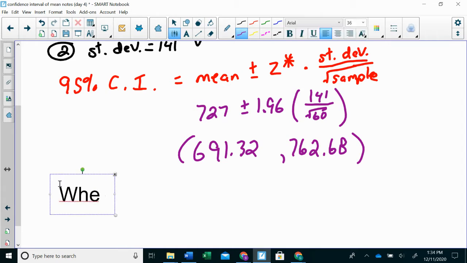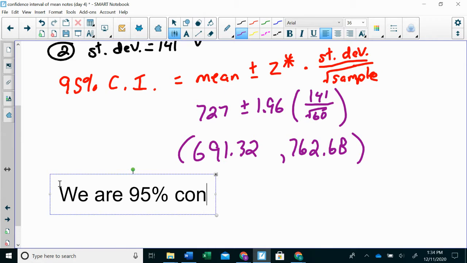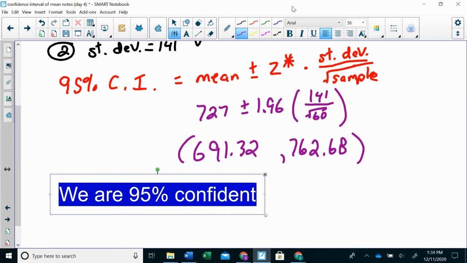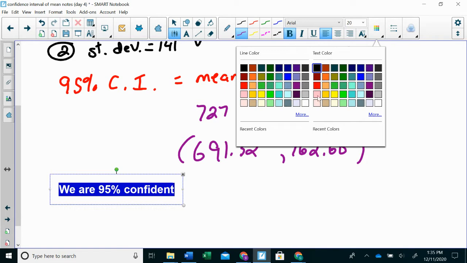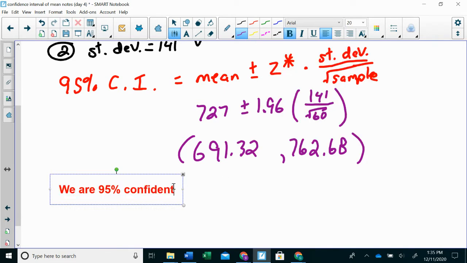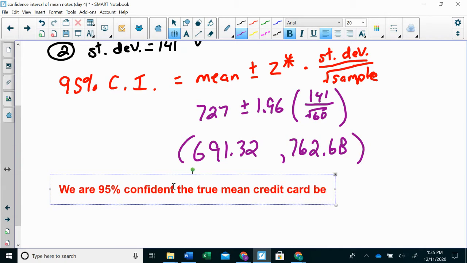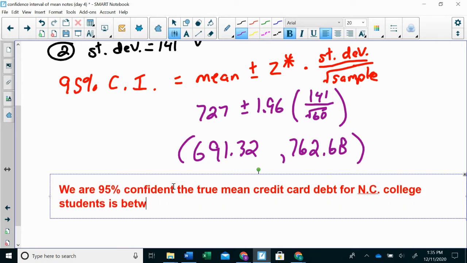So my conclusion statement: we are 95% confident the true mean, since we're talking about the confidence interval of the mean, the true mean credit card debt for North Carolina college students is between $691.32 and $762.68.